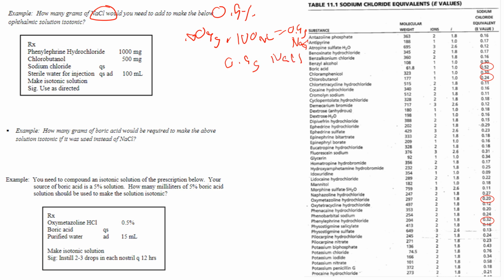NaCl. We have our phenylephrine, which is over here on the chart. You can see that's 0.32. And I'm going to divide by 1,000, remember, to get to grams. So we actually just have 1 gram phenylephrine times 0.32. And that's subtracted. And then we also have 0.5 grams chlorbutanol, which was also in our previous problem, which is still 0.24.